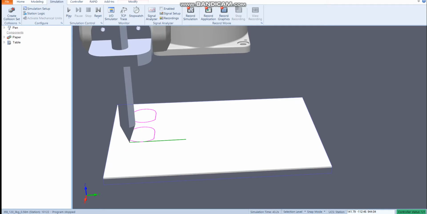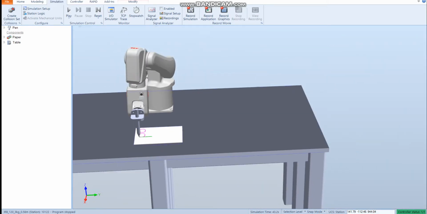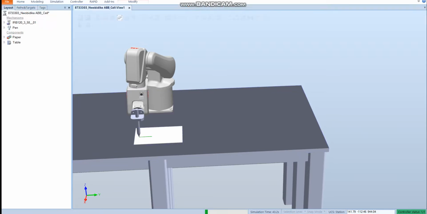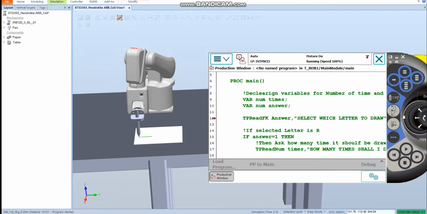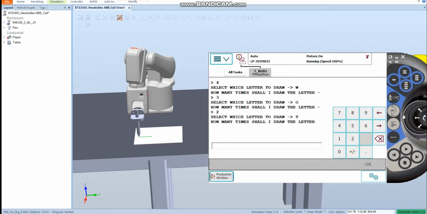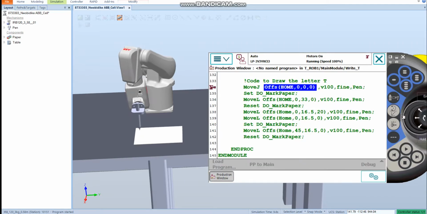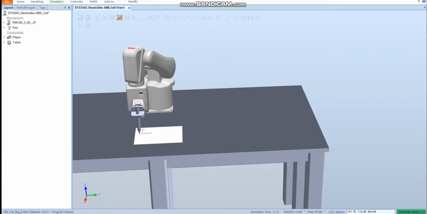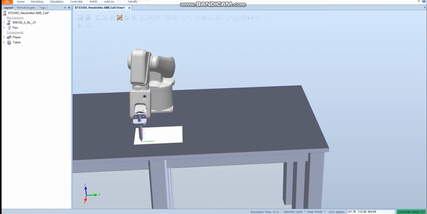Now let's assume that the operator decides he or she wants to write the letter T, and he decides to write it three times. It's actually programmed so that the letters will be written vertically.